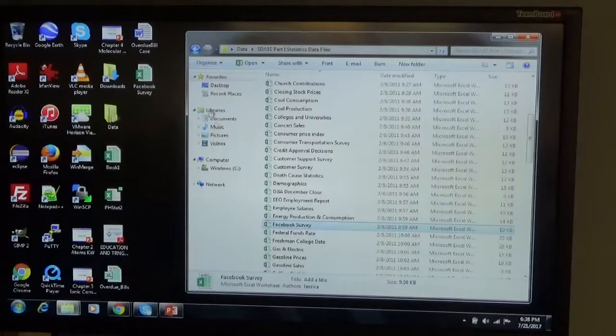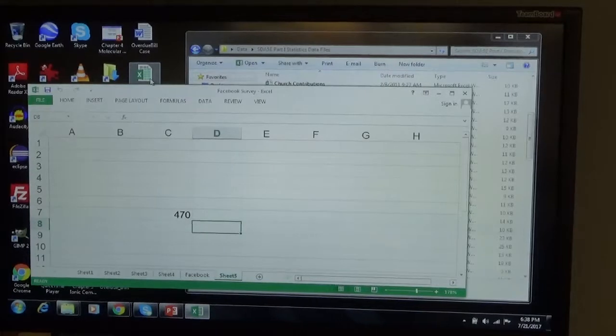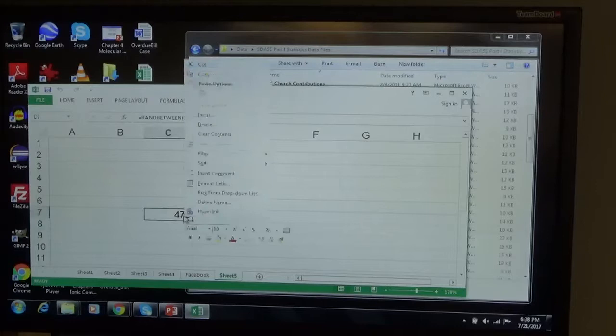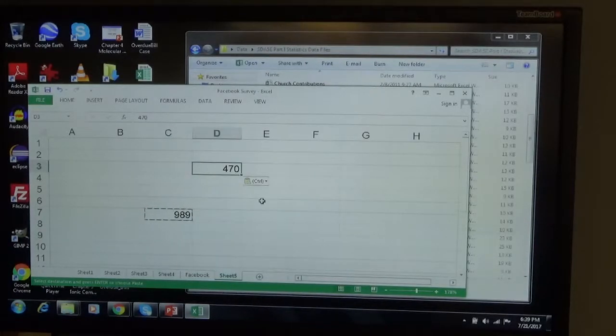Okay, let's open the file. Pay attention to what happened. The number is different. Why? It's a random number. So if you really want to keep that number, you have to copy and paste.